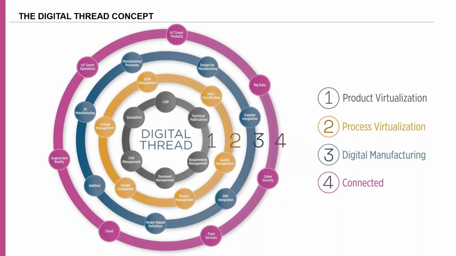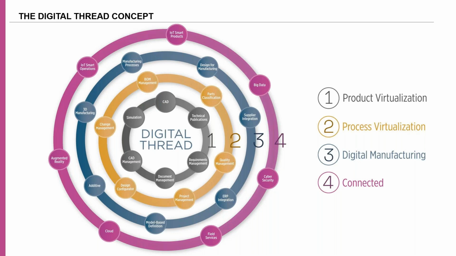At PDSVISION, we have a core concept called the digital thread. It's an approach to PTC's software suite and how that integrates with other individual applications, and how and where they're utilized in your manufacturing process.